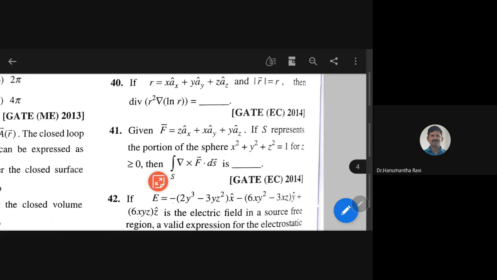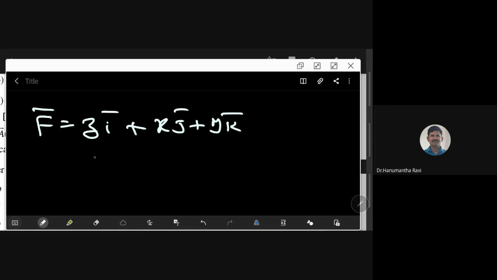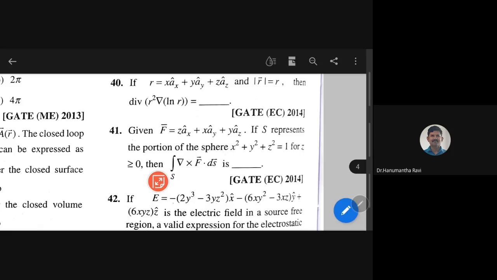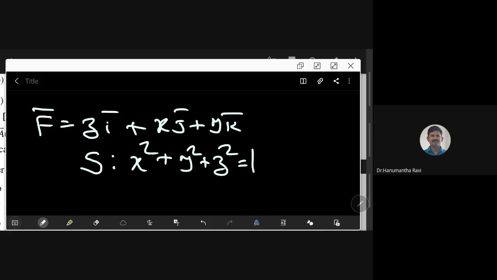Now what is the surface? The surface is x square plus y square plus z square equal to 1, with z greater than or equal to 0.